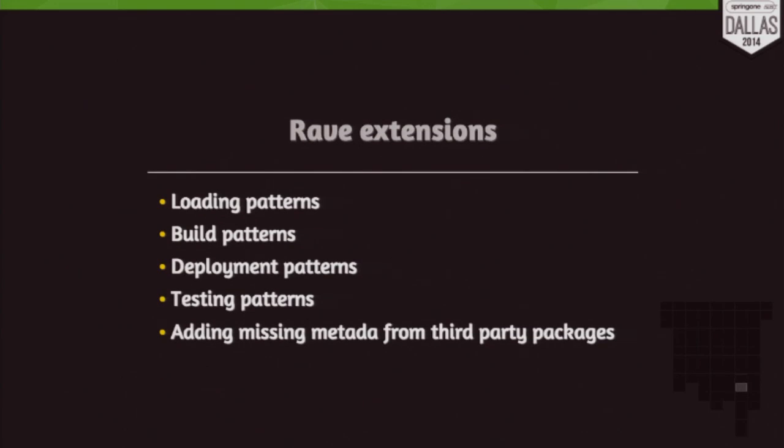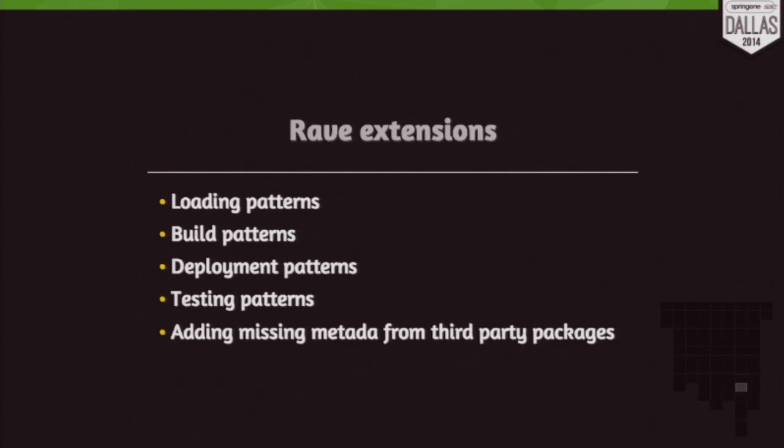Module authors can also provide Rave extensions. People who often write the same kind of code can create a Rave extension, and then just install it and not have to repeat the same code over and over again.